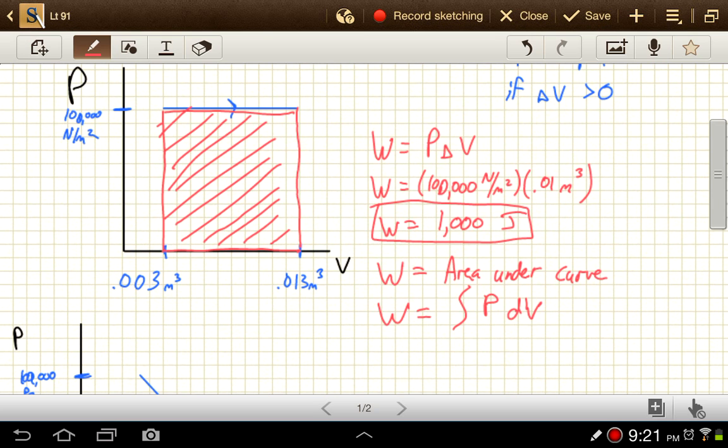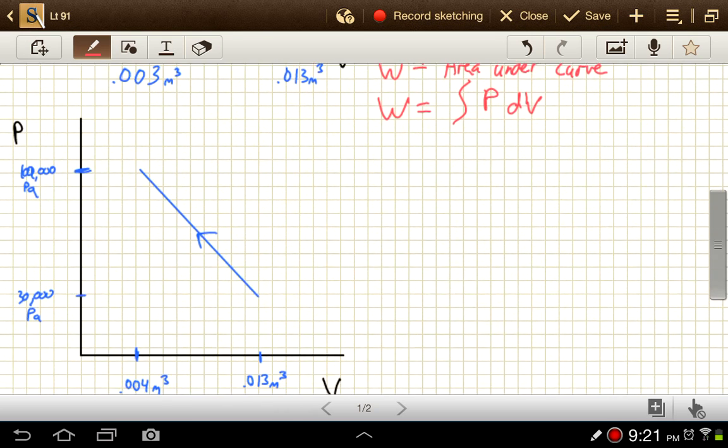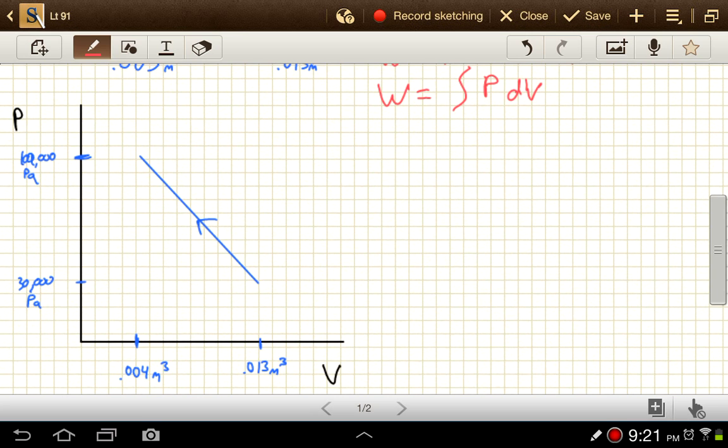So if we move down here to a case that isn't constant pressure, we can still calculate the work done by this gas, or the work done on this gas, whatever the case may be, by finding the area underneath the curve. So I have my curve making some shape like this.